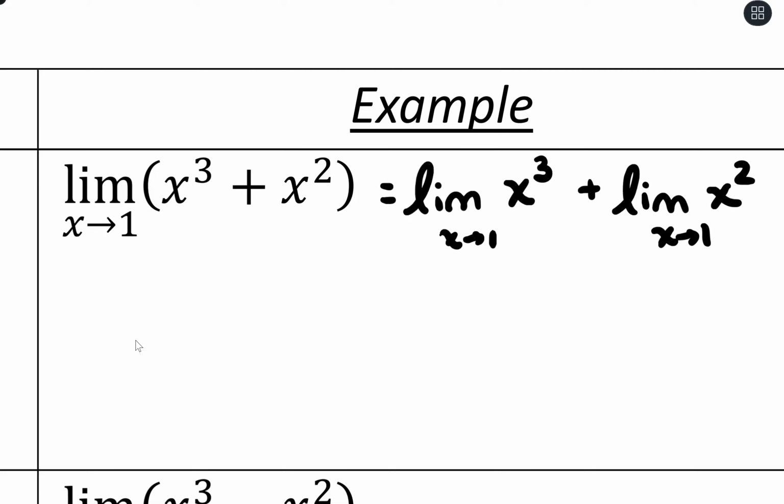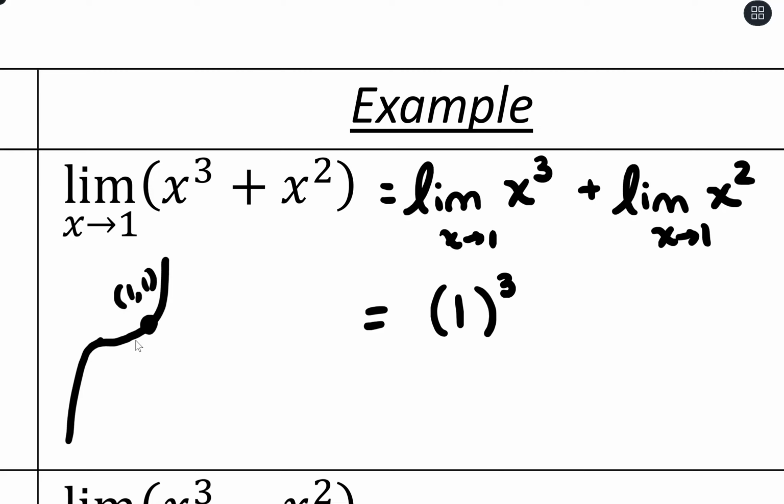of just x squared. So x cubed looks like this, and if we're looking at 1, what I'm looking at is that coordinate (1, 1), and so if I was evaluating the limit as x approaches 1 of x cubed, really I'm looking at 1 cubed there. It's like what happens when I plug in 1.